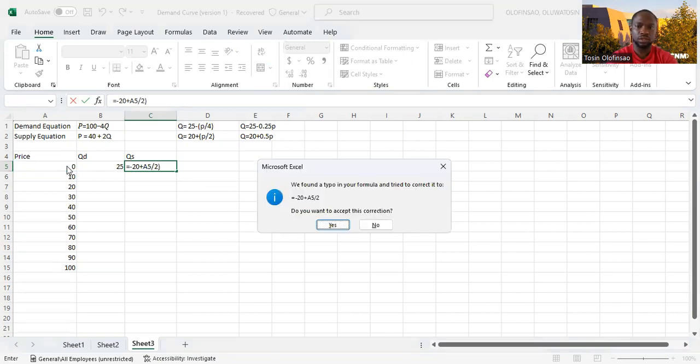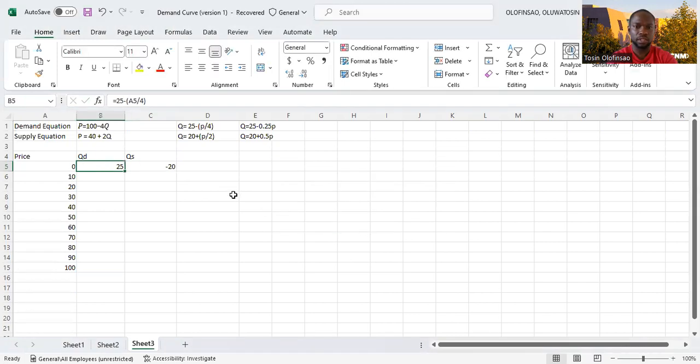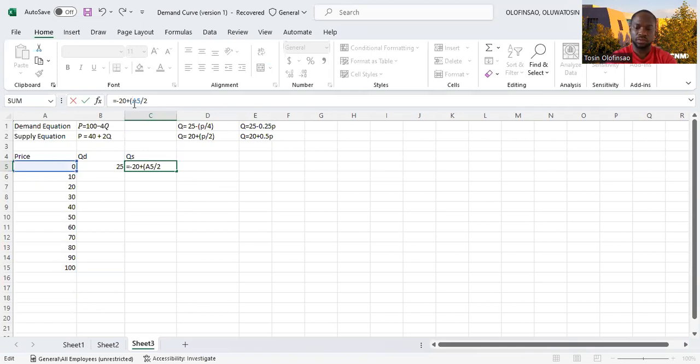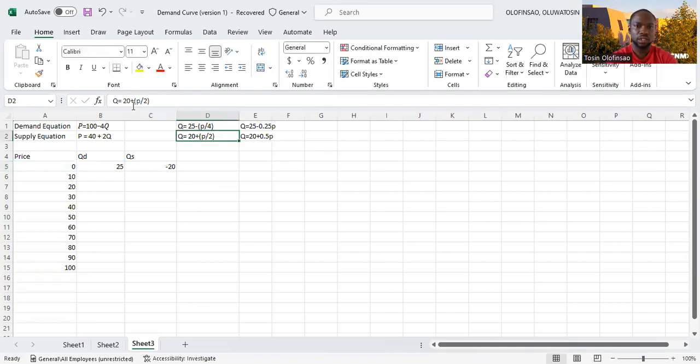Okay, autocorrect right there. I need to make this good enough so that we don't have a mistake over there. And this should be negative. Okay, I think that is good.